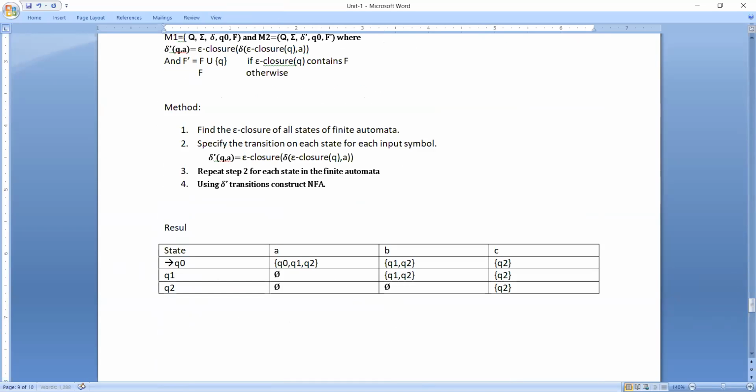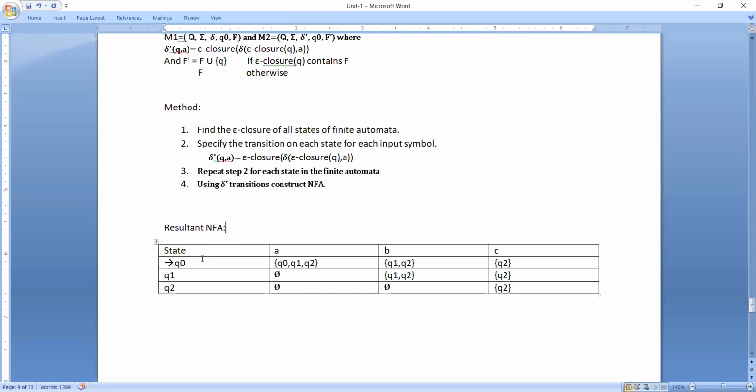I already told you that the only change between the NFA epsilon and NFA is that you will get an output without any epsilon transitions, and one more thing is that the final states are going to change.